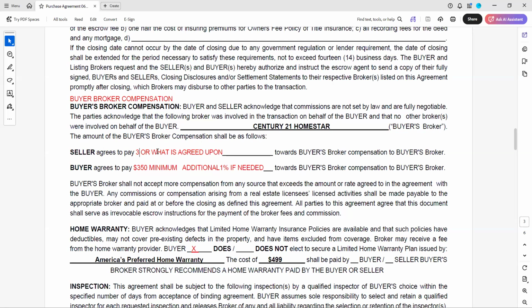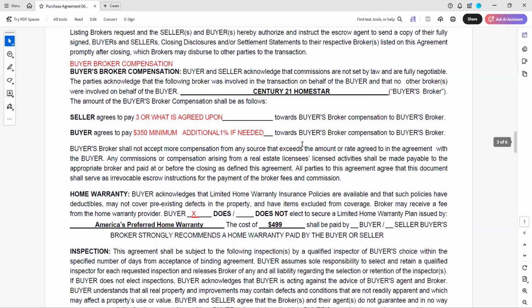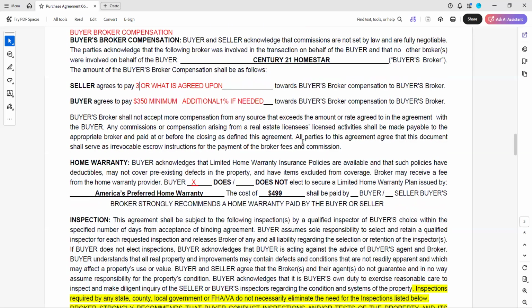If your seller is not going to pay all 3% that you ask for, and they're only going to pay 1%, this might be negotiated at the time of your offer. But always make sure you have your $350 minimum on your buyer broker compensation agreement in the buyer's section, unless you are paying for it for your buyer.